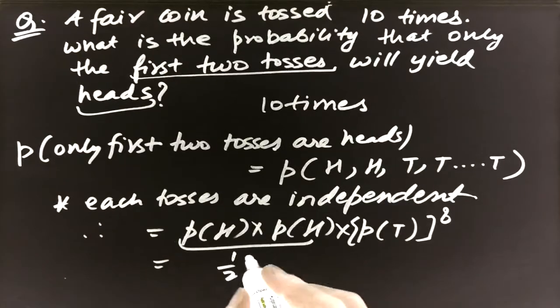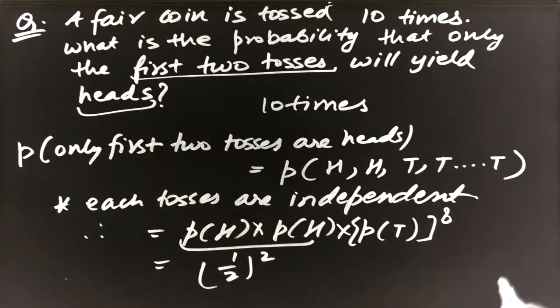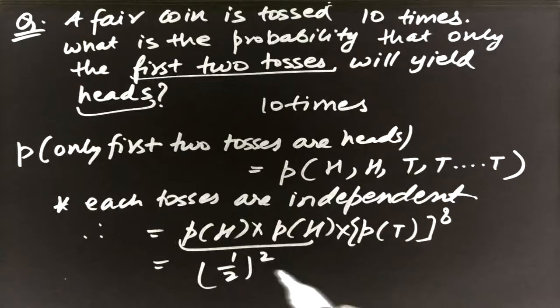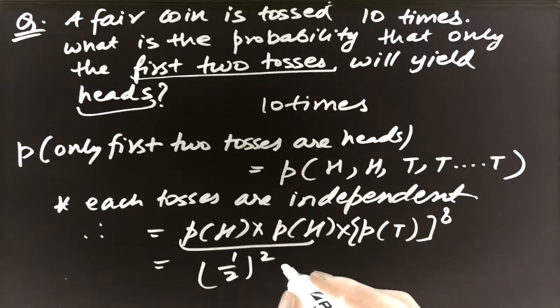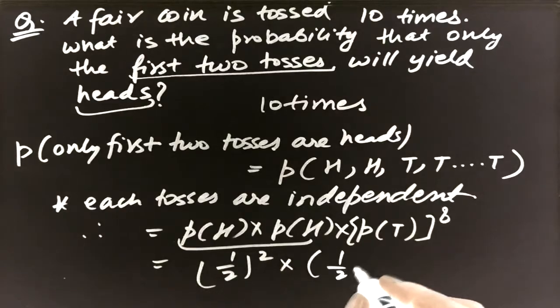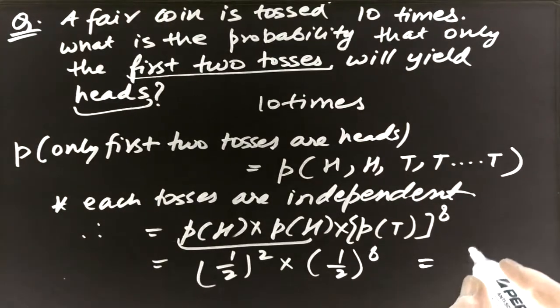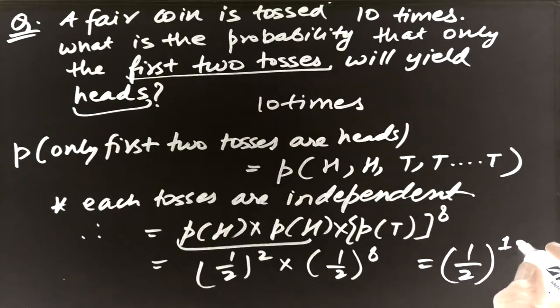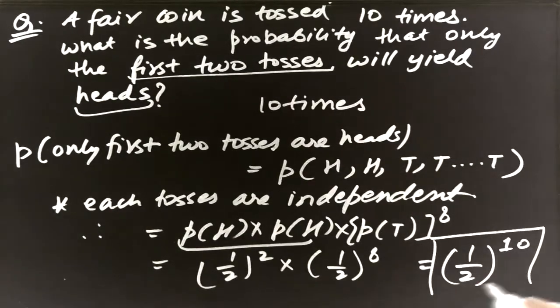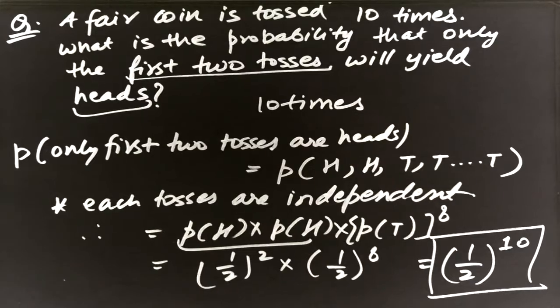This can be written as 1 upon 2 raised to the power 2, multiplied by 1 upon 2 raised to the power 8. This will be 1 upon 2 raised to the power 10. This is the answer.